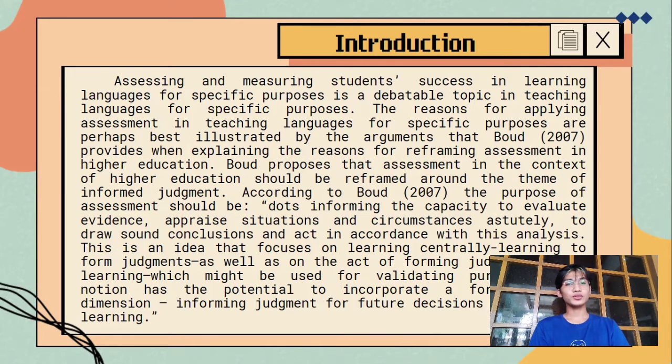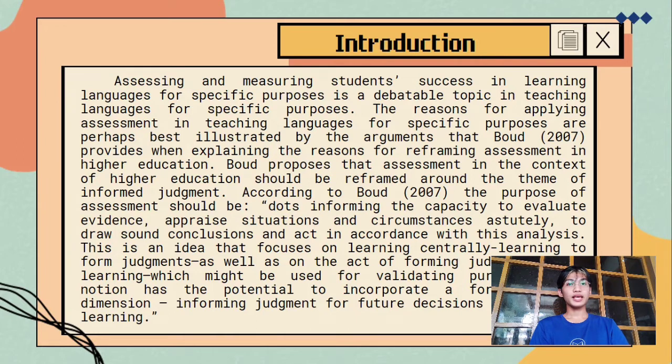One of the most crucial parts of language teaching and learning is assessment. Assessment serves two purposes. The first one is summative assessment and the second one is instructional feedback to help learners grow.